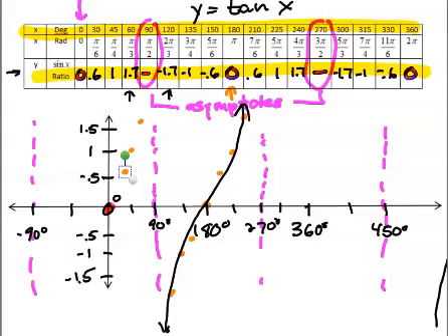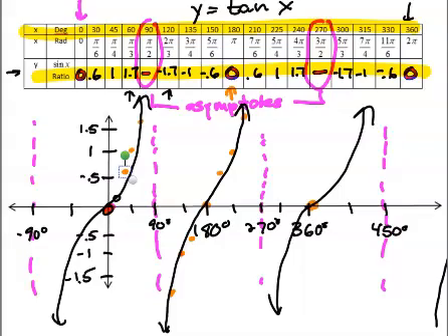Okay, something like that. And then what happens over here, we just got part of a graph. So the other part would look like this. If we went over to 360, do you see how 360 is at 0? This is what this graph would look like. We keep repeating it.